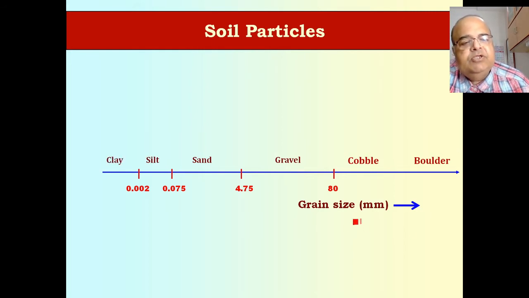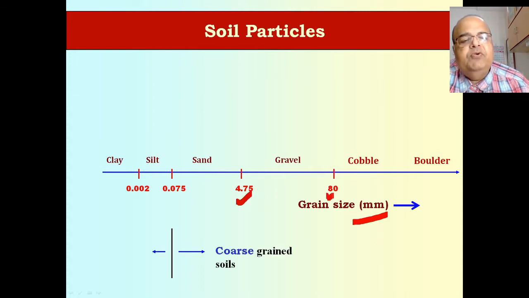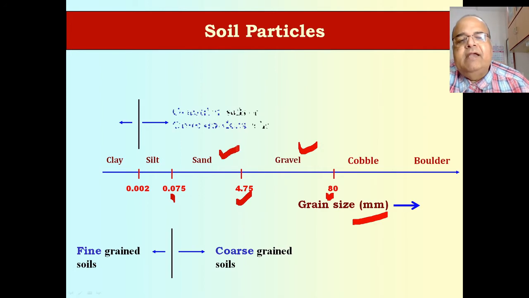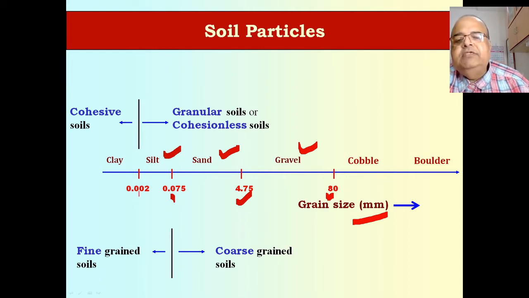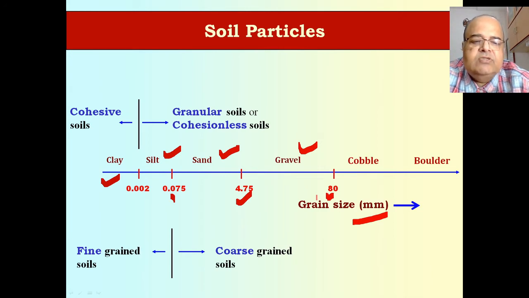The grain size is shown in millimeters: from 4.75 to 80 mm is the gravel particle; from 0.075 mm to 4.75 mm, the sand particles; 0.002 mm to 0.075 mm is silt; and less than 0.002 mm are the clay particles. This is on the basis of the Indian Standard Soil Classification guidelines.